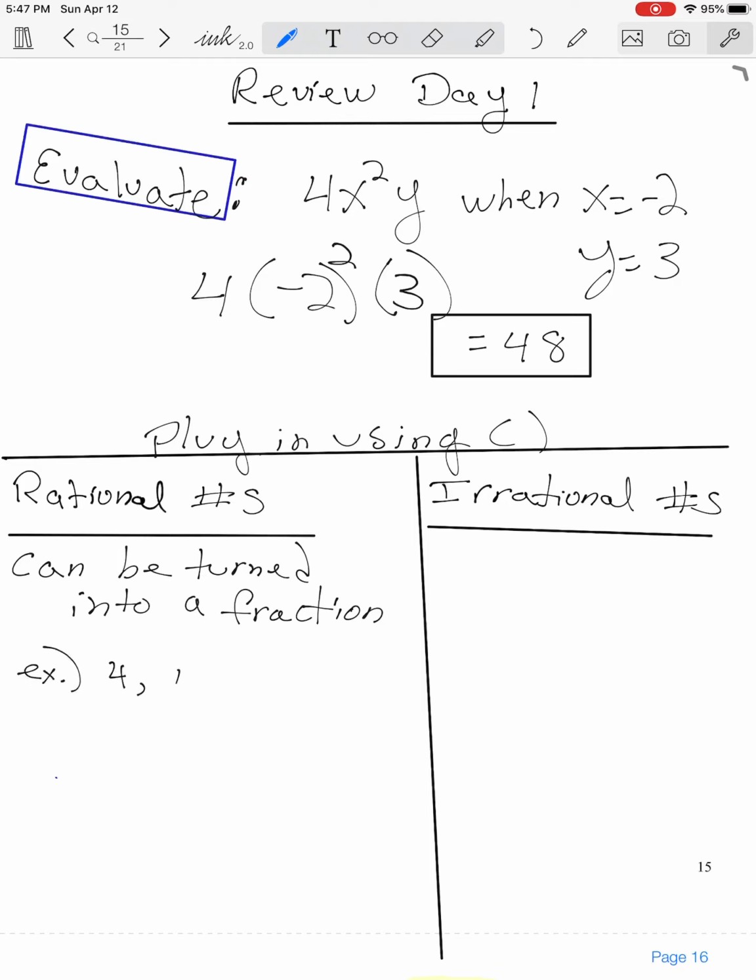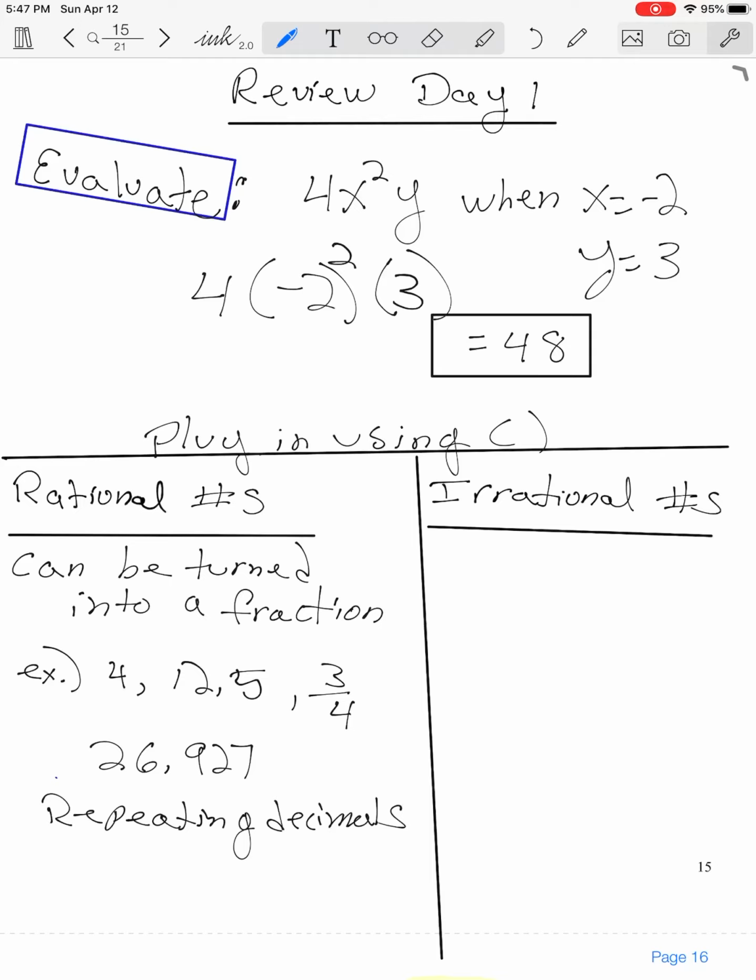Some examples would be 4, 12.5, 3 over 4, 26.927, okay? They are repeating decimals and terminating numbers. Terminating numbers means they end. Some examples, all here.